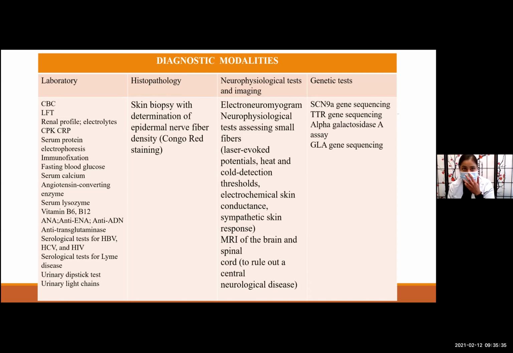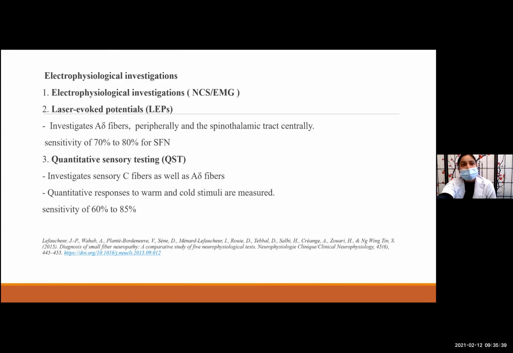It's not done for everyone. Like I mentioned, electrophysiological investigation and nerve conduction studies, your electromyogram, is done for large fiber neuropathy, just to rule out concomitant involvement of the large fiber.